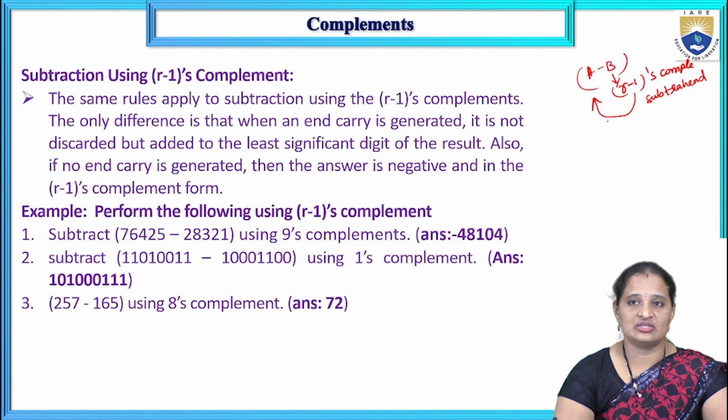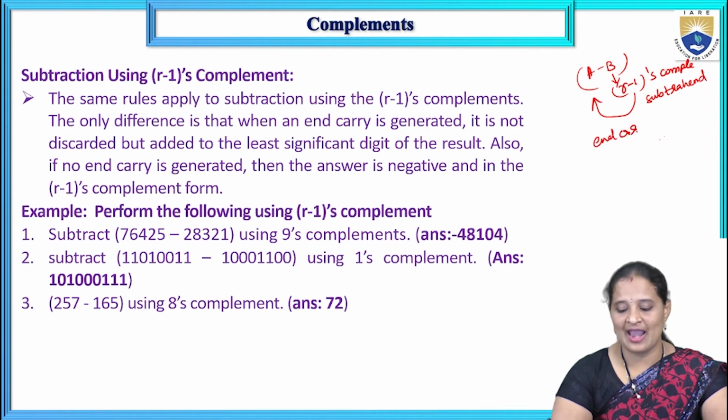If a carry results, then that carry is to be added to the least significant digit of the sum, and that carry is called the end around carry. Why is it called end around carry? Because we are adding it back to the least significant digit of the sum.